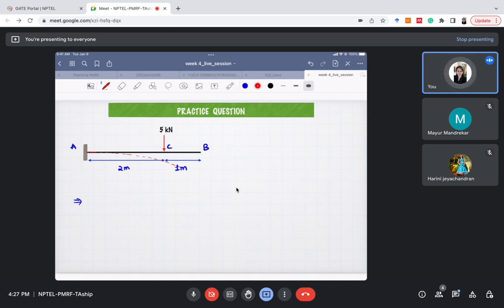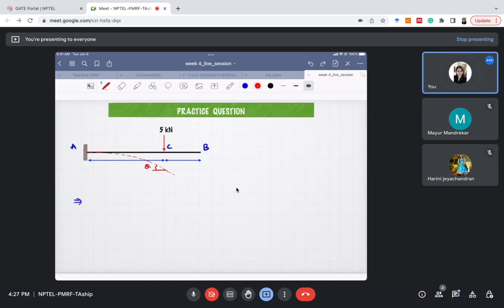After C there is no load, so it will be a straight line after it. Let's call this angle theta, and after that it will go in a straight line just to maintain this theta angle.